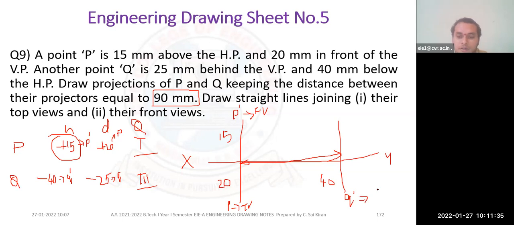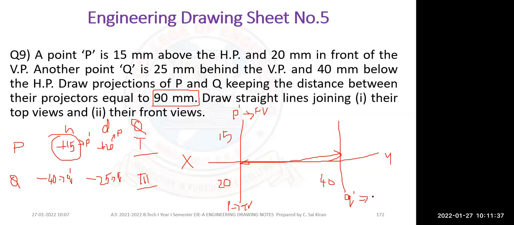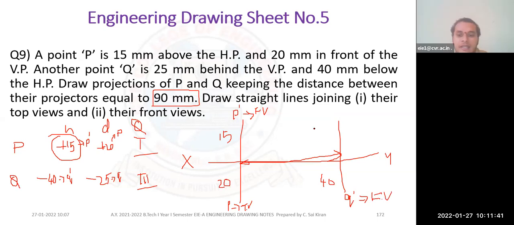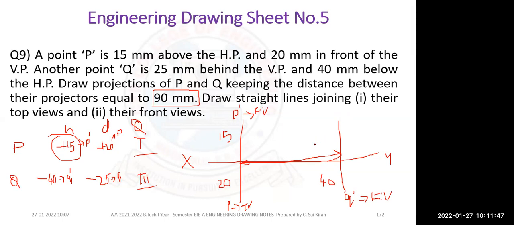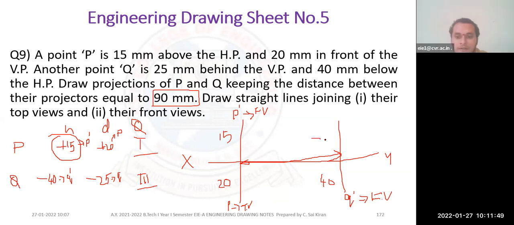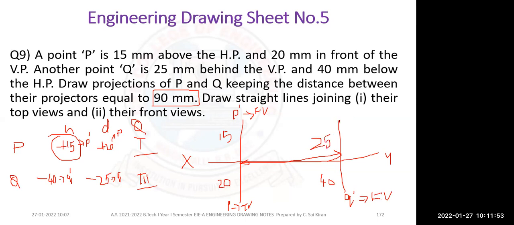Q dash is front view or top view? Front view. Next, my D is negative 25. So it will be above or below the XY line? Above the XY line. So it is 25. How should I represent this point? Letter q. Is it front view or top view?